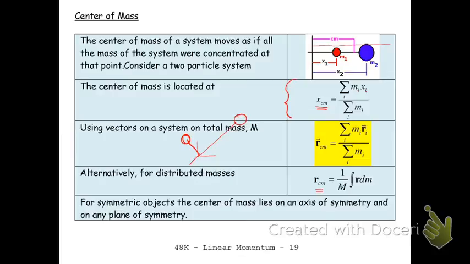Well, couldn't I write this and say integral of r dm over the integral, well, the sum of all the m's? Isn't 1 over the total mass the same as the sum of all the little masses? Isn't it the same thing?